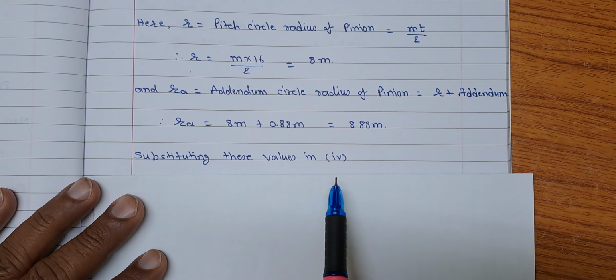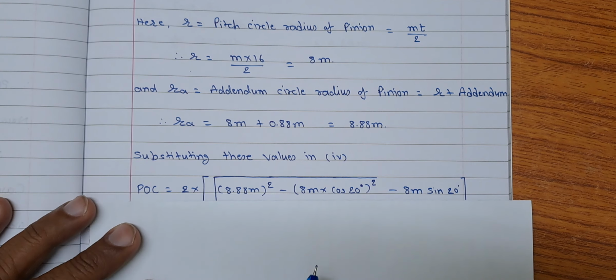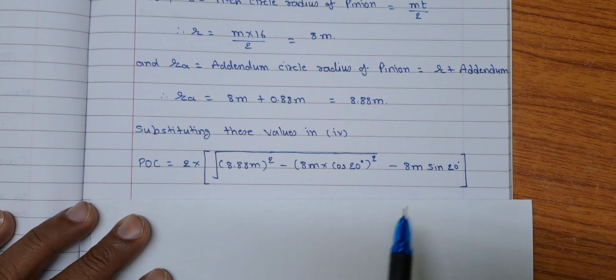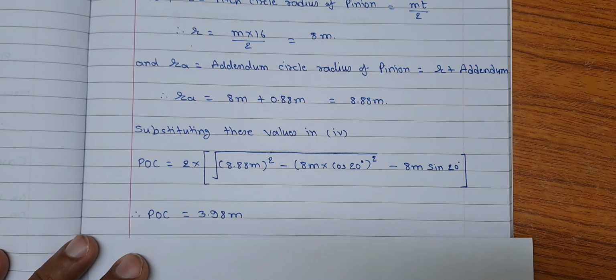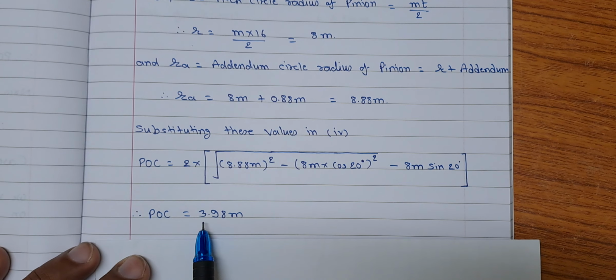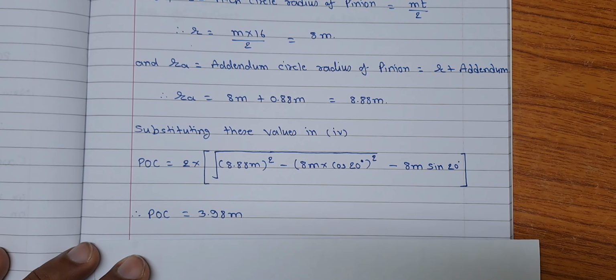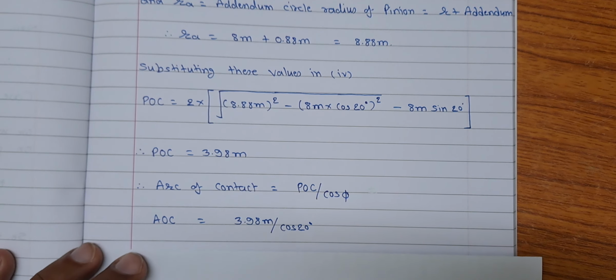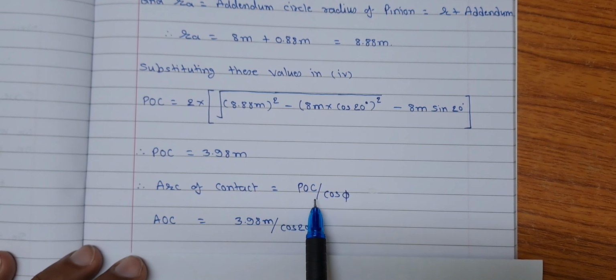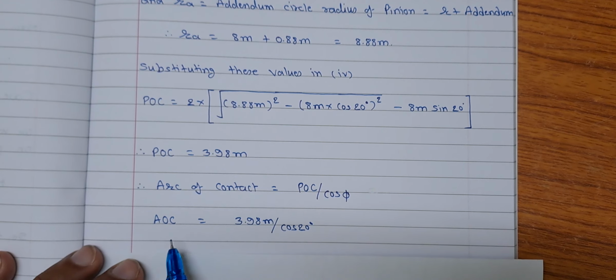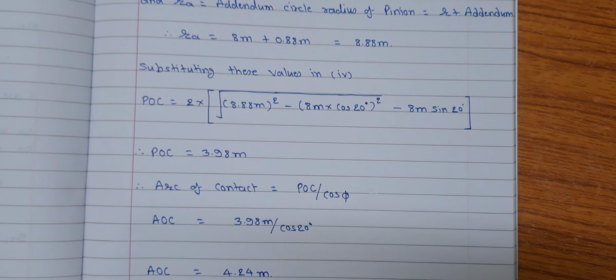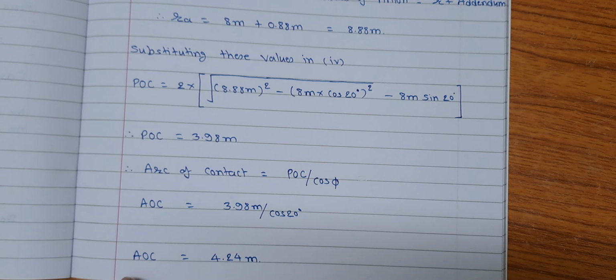Now substituting these values in relation 4, we found path of contact in this form, and on calculation it is equal to 3.98 times module. And arc of contact is equal to path of contact upon cos phi. So arc of contact is given by 4.24 times module.